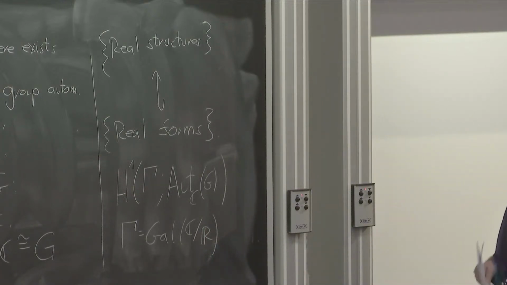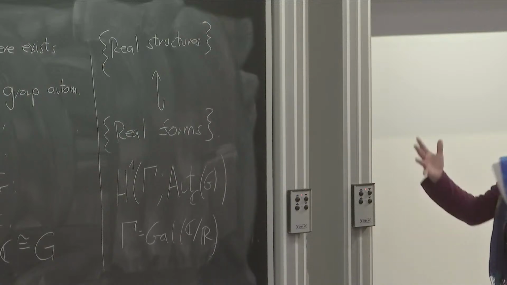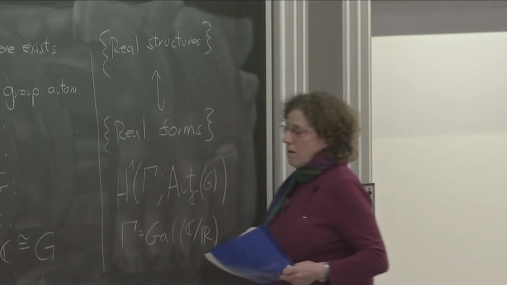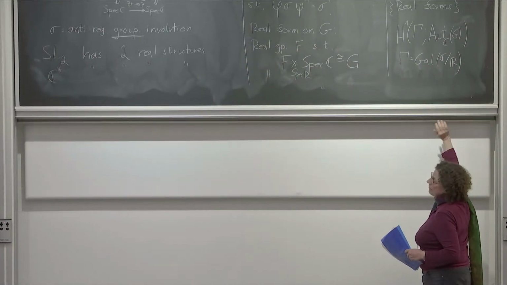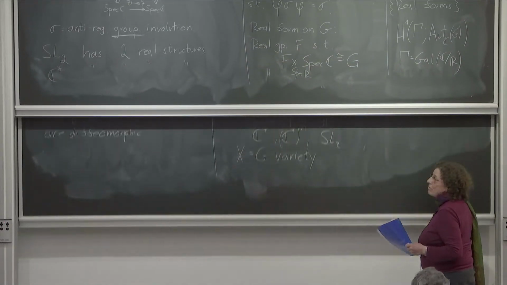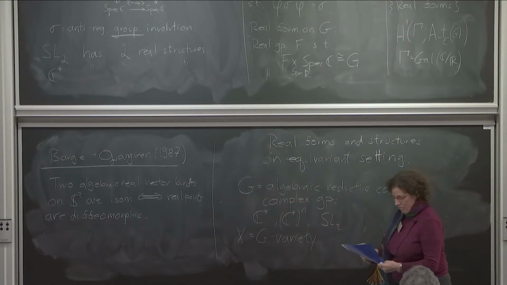So now I know what a real structure on a reductive group is. And now I will say what it means for X to have a real structure compatible with X.